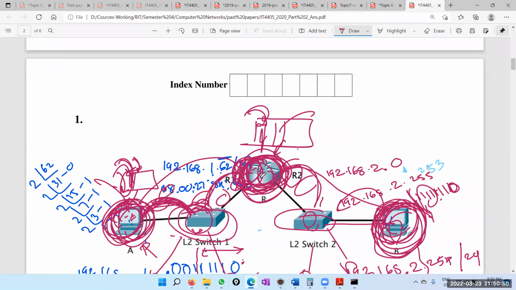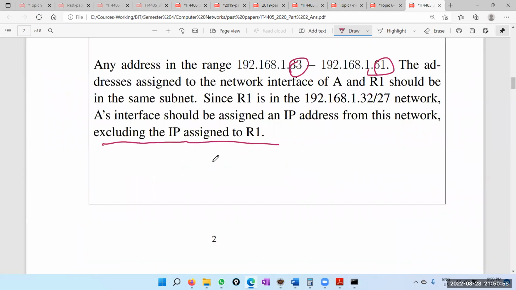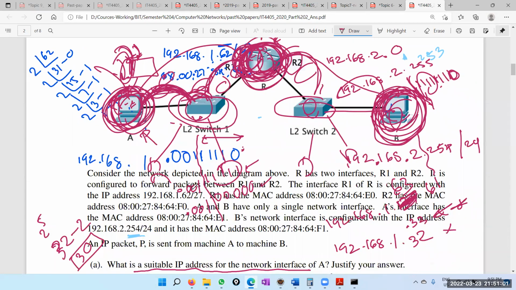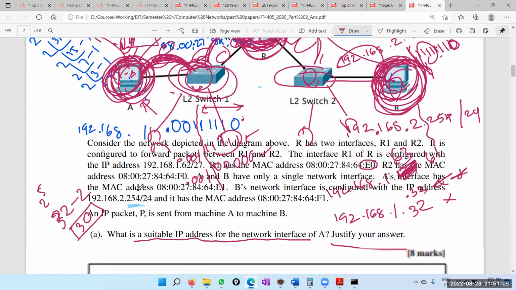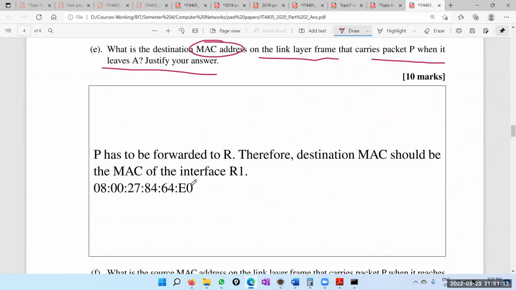The destination should be the MAC of the interface R1.